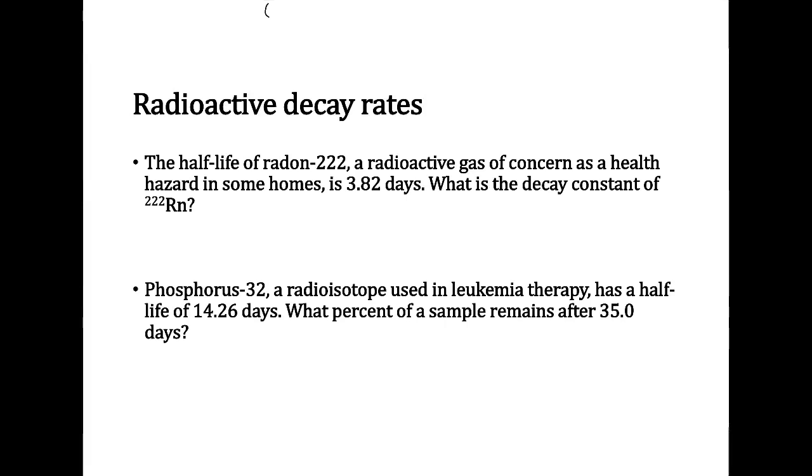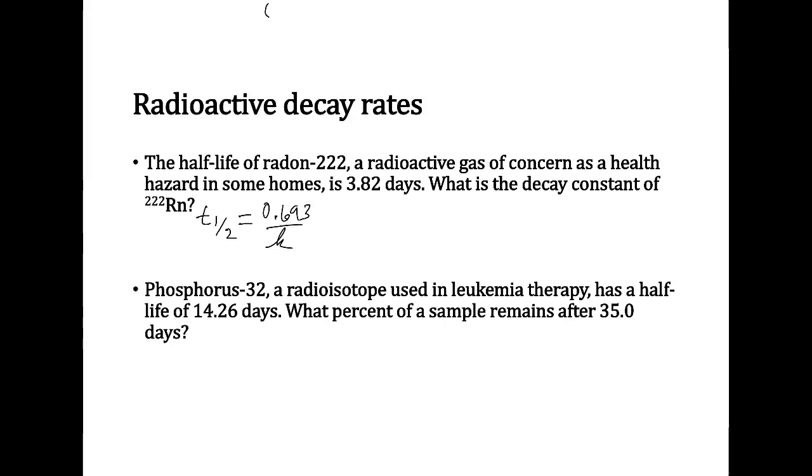So here, the half-life of radon-222, a radioactive gas of concern, is 3.82 days. What is the decay constant? So instead of looking for T sub half is equal to 0.693 over K, we have to solve for K, so cross multiply and divide.